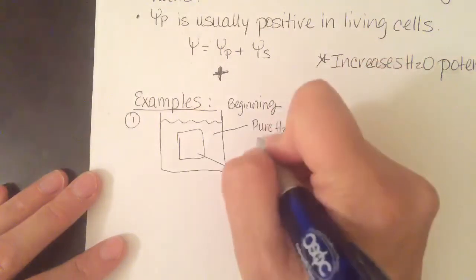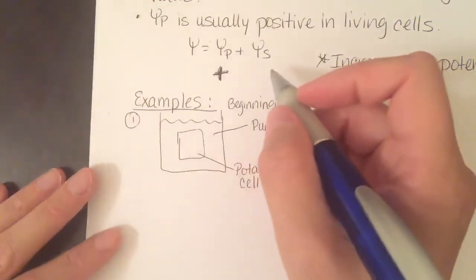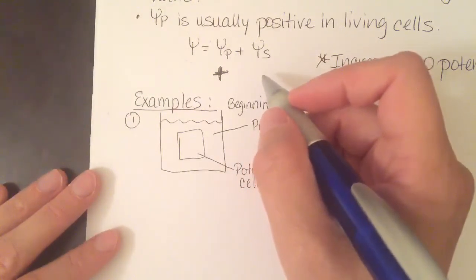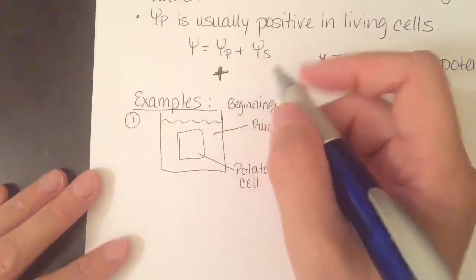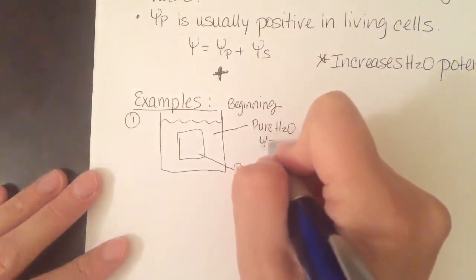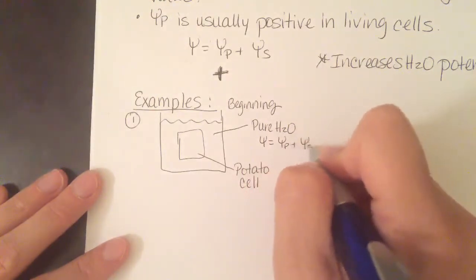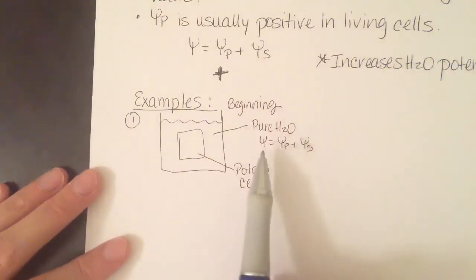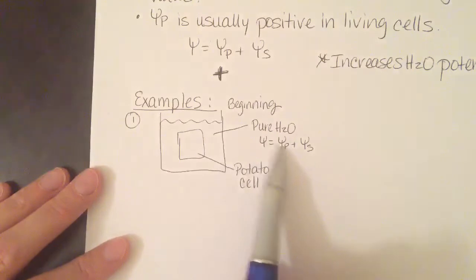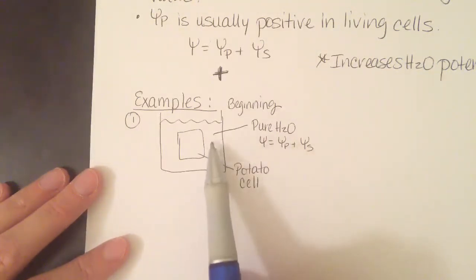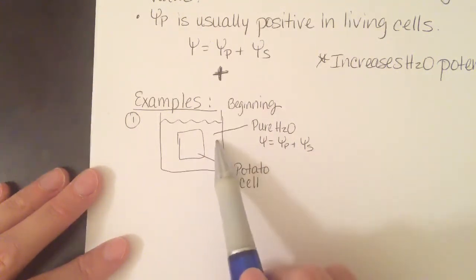Remember, water moves from an area of high to low water potential. So let's look at this equation. Water potential is the pressure plus the solute potential. What's the solute potential? Are there any solutes in this water?